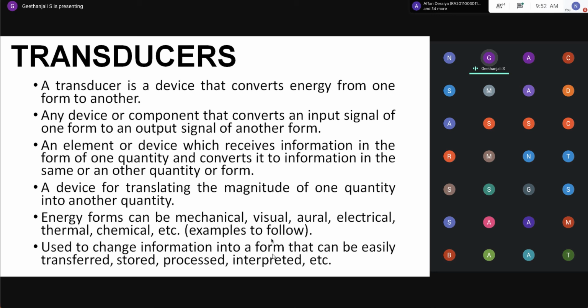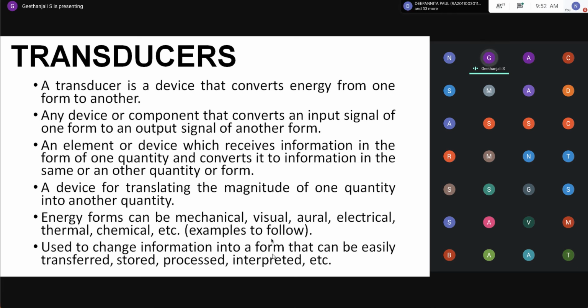Energy forms can be mechanical, visual, oral, electrical, thermal, chemical, etc. It may be anything, and it is converted to another form, which is obtained by using transducers.